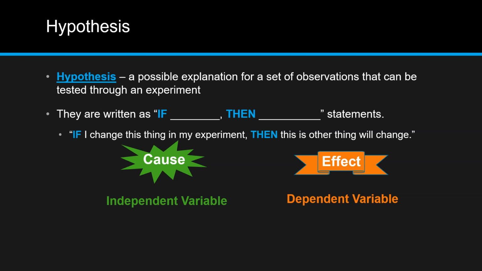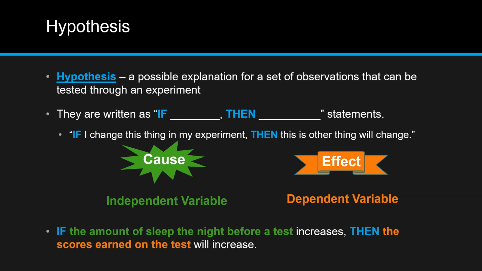And we can write our hypothesis by filling in our variables to the if-then statement. Remember, it needs to be an if-then statement that describes what we think will happen and contains our independent and dependent variables. A strong hypothesis for this particular experiment would be, if the amount of sleep the night before a test increases, then the scores earned on the test will increase.